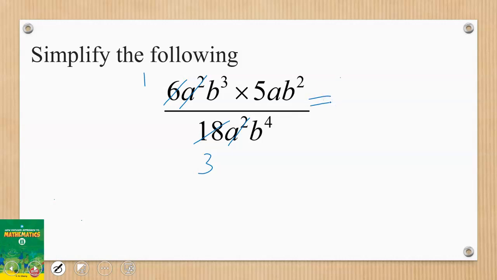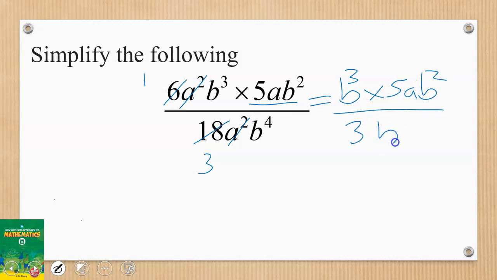So I have b cubed left here, and then here I have times 5ab squared, all divided by 3b to the power 4, because I've already taken away the a squared down here. So from here, what will I do? Okay, let's see. I can look at the top one and multiply this b cubed times b squared here.